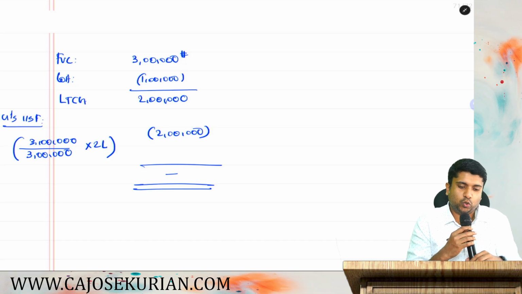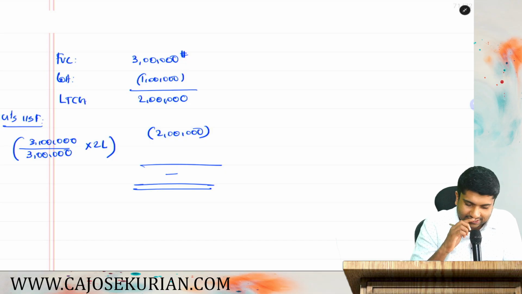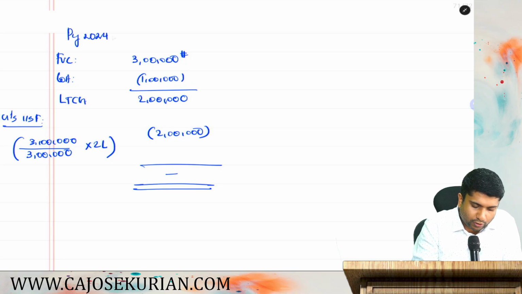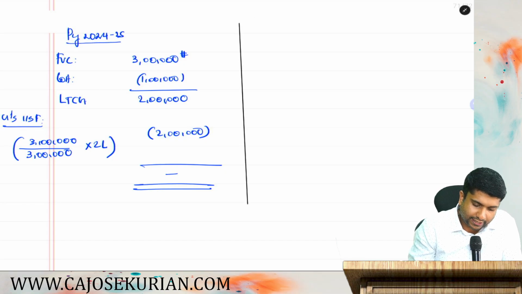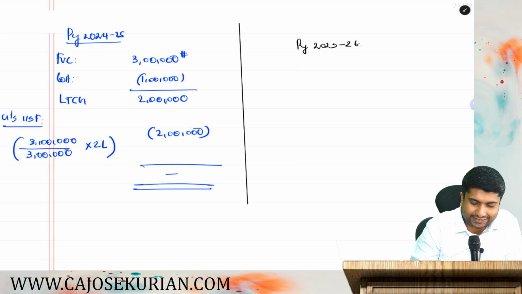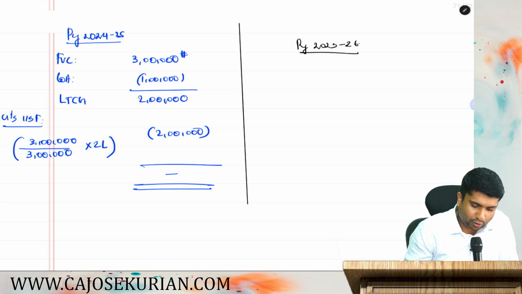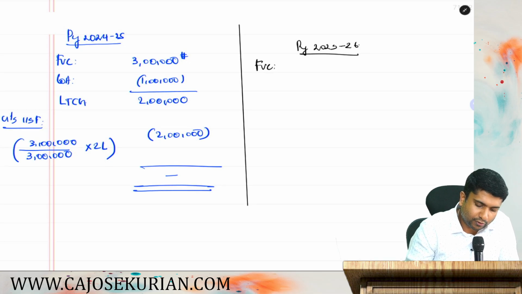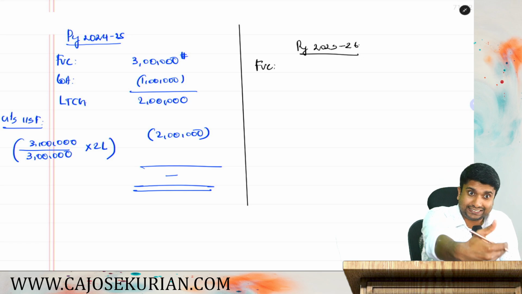These shares are sold by him on 3/6/2025. So this will be for the year 2024-25. Now he sold that particular shares in the previous year 2025-26. So first of all, when he's selling that, you need to compute capital gain for that share sales.